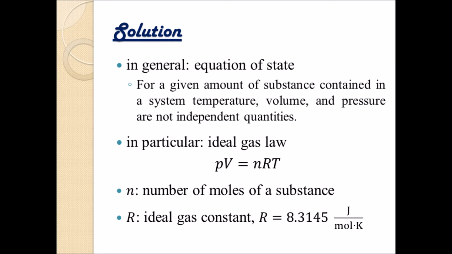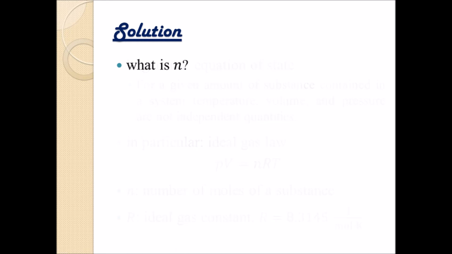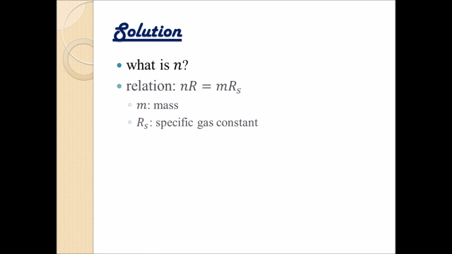So we know that R equals 8.3145 joule per mole and Kelvin. But what in detail is N? I just said that it's the number of moles of a substance. But usually when we calculate something, we are considering the mass of some substance. So can we relate N to the mass M? And the answer is yes, we can. And there is an easy relation.